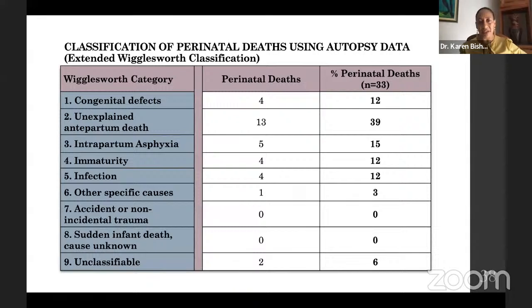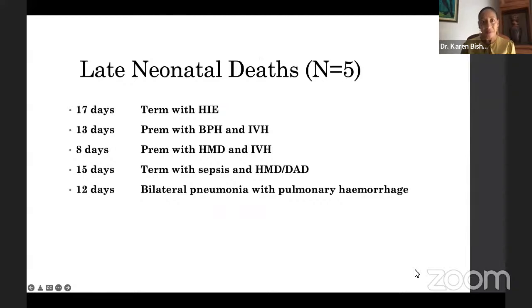So they're in that category, but how you classify them can be up for debate. And also keep in mind that a lot of premature infants did not have an autopsy. So if we included them, this rate would actually be much higher. So that's it for perinatal deaths.